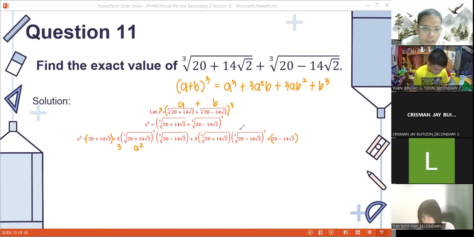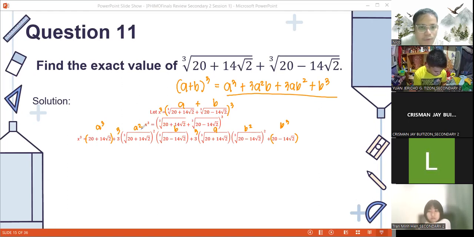We're just following (a plus b) cubed: this is 3a squared b, this is 3ab squared, this is b cubed, and this is a cubed, which is the same as this one, right? So no need to change the value of a. It's going to be the cube root of 20 plus 14 square root of 2. If you want to square it, you just put parentheses and then square it, right?